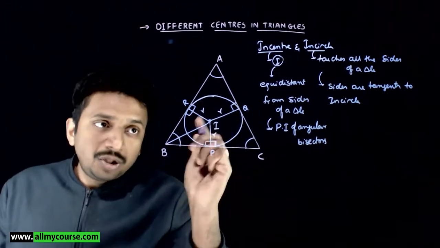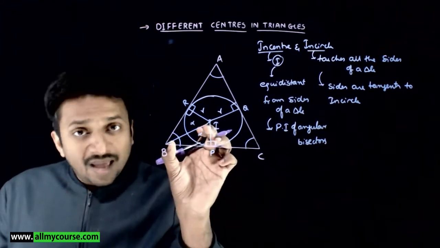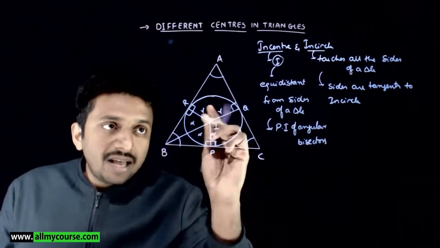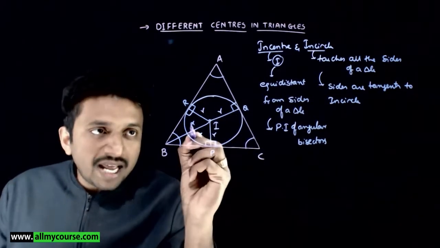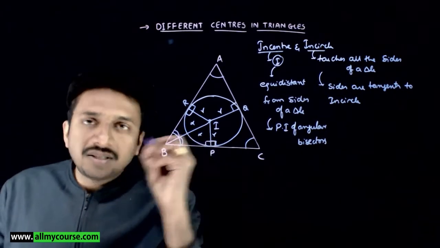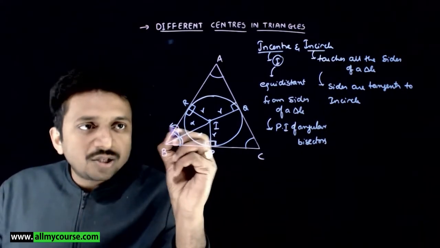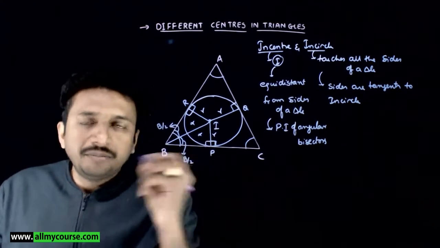These two triangles have one angle equal to 90 degrees. The hypotenuse is common for these two triangles, and one of the sides is the same for both, which is R. So this triangle is congruent to this triangle, hence this angle has to be equal to this angle. Hence this has to be B by 2 and this has to be B by 2.